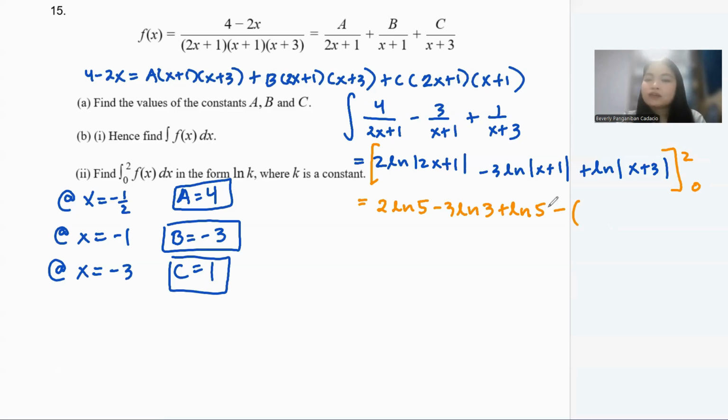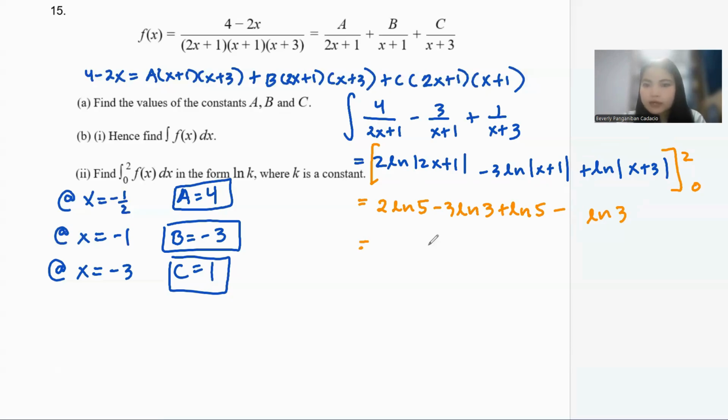2 ln 2 times 0. So this one will become 1, and ln 1 means 0. So I'm not going to put it anymore because it will be 0. This one is all going to be 0 as well. So this one will be 0 on the lower limits. But this one, you still have that, which is ln 3. And I will not put the parentheses anymore since it's just the only one there.